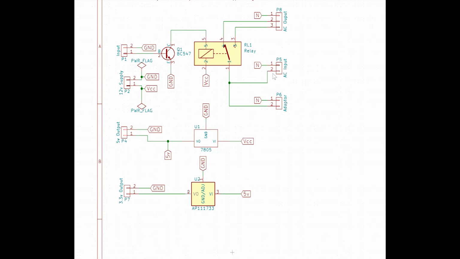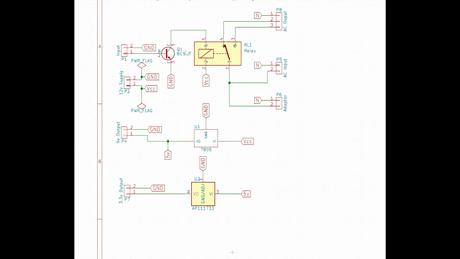So what we are doing is, AC has one pin which is called the neutral and the other is called the live. You see the neutral of the AC input is connected to the neutral of the output directly. The input is connected to the pin 1 of the relay, and we have 2 pins in a relay, which is the NO pin, the pin 3, and the NC pin.